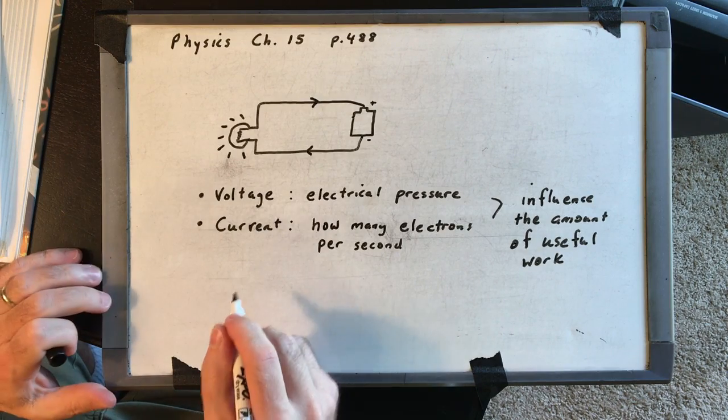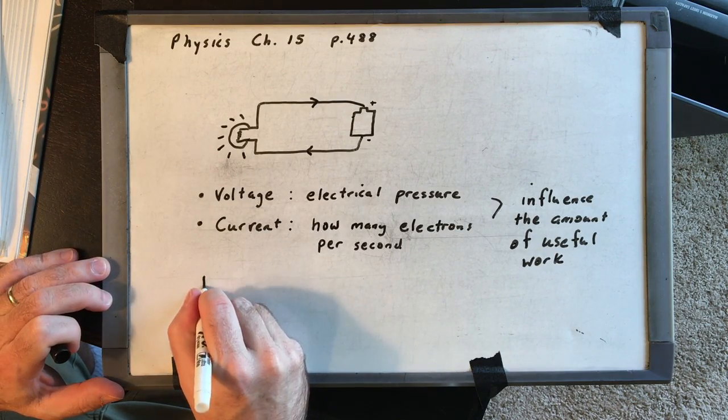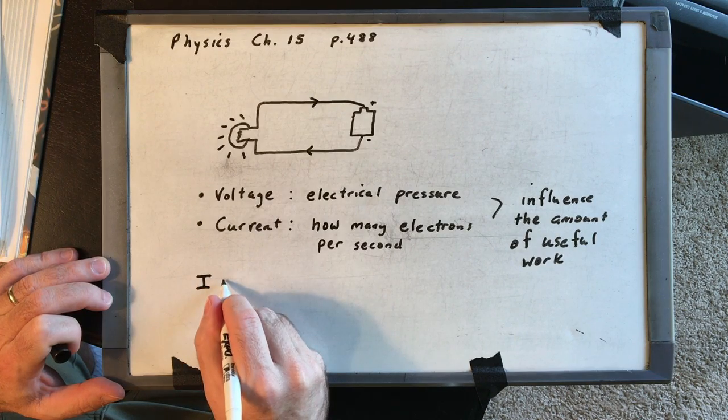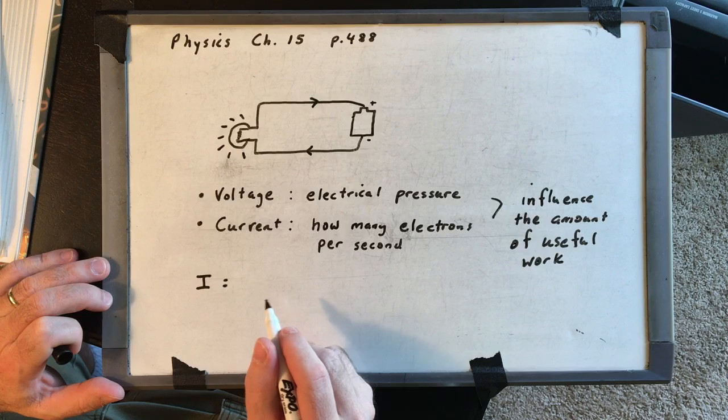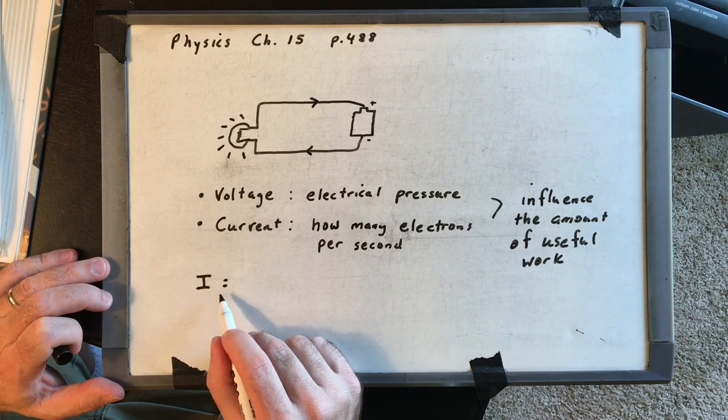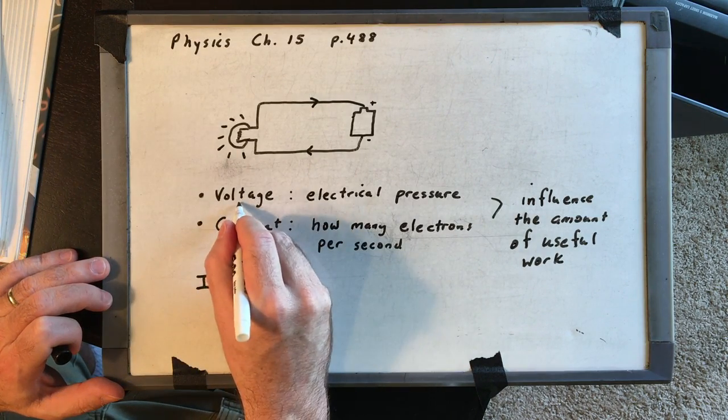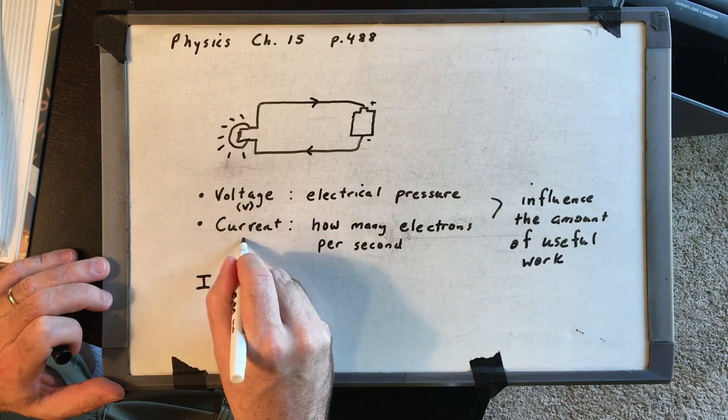All right, so the current equation, and we don't use this in this chapter in any of our calculations, okay? We use the letter I for current, V for voltage, I for current.